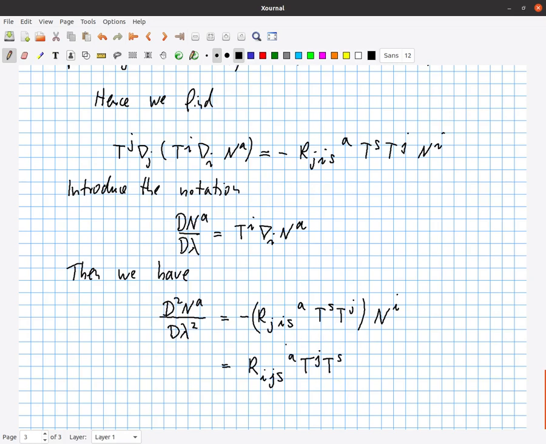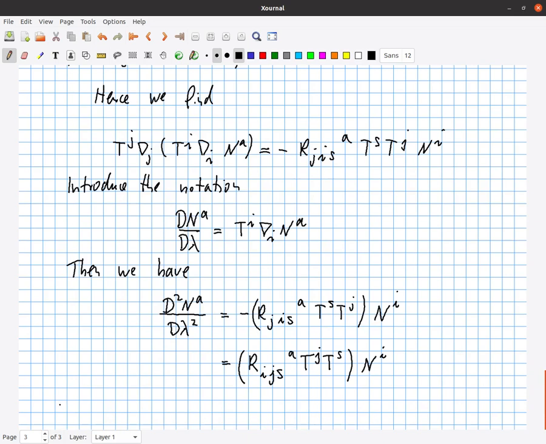I can just swap them around. And all this is acting on n, which is the geodesic deviation equation.